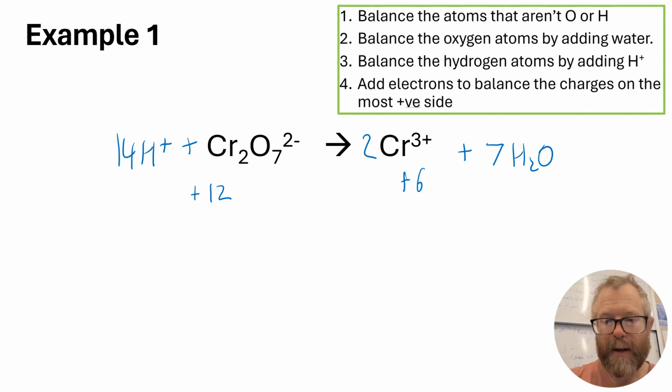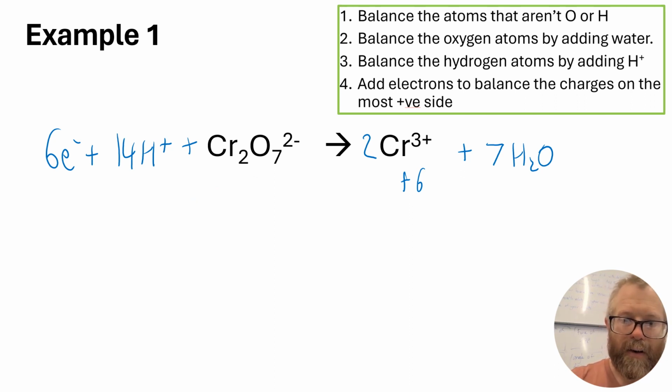To make those the same, we have to add electrons, and we add them to the most positive side because electrons are negative. So I need to add 6 electrons to the left hand side for that to be balanced. And now I have balanced my equation. I have 6 electrons plus 14 hydrogen ions, H pluses, plus dichromate goes to 2 chromium 3+ ions plus 7 waters.